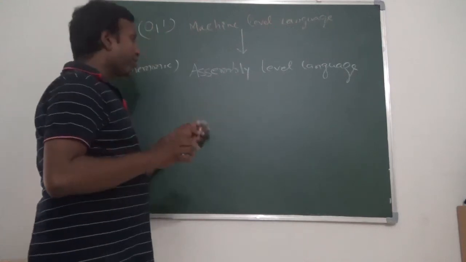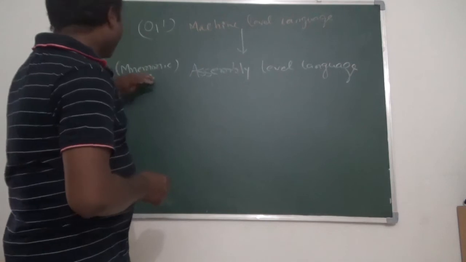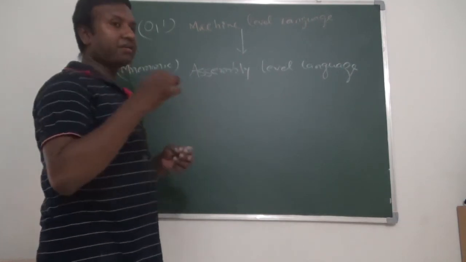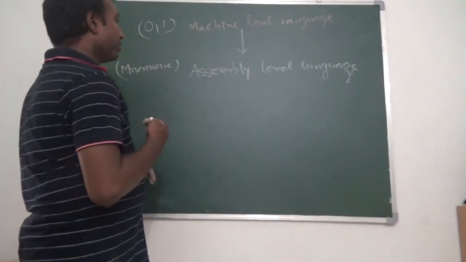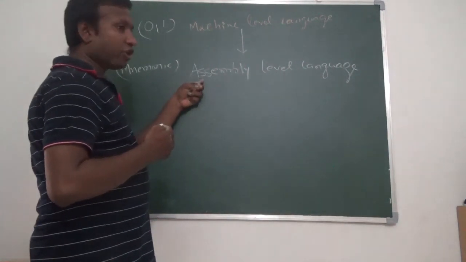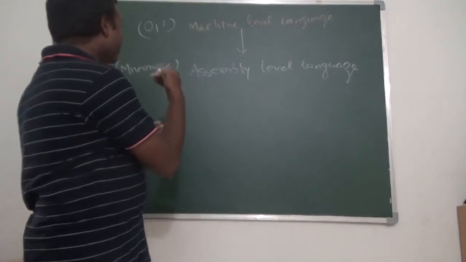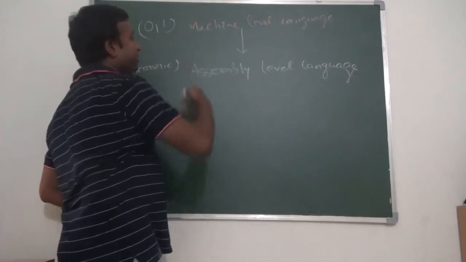Okay, before going to the problem of this language, we have written everything in mnemonics, right? We have used add, subtract, multiply, all the short forms. But those short forms cannot be understood by the computer system. So we require some mechanism to convert the mnemonics, the short forms, into machine forms.